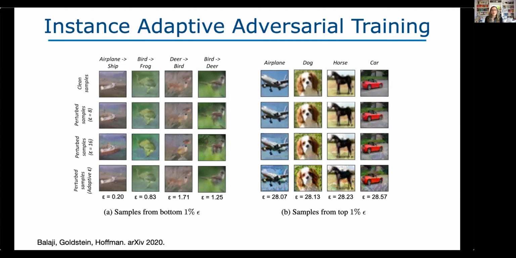So what this tells us is that there are differences in terms of the clean images. Some of them are already naturally more robust than others. And maybe if we take the style of approach where we ask for equivalent robustness on every sample, we're going to be naturally hurting clean performance. We might be creating a scenario where we have an impossible learning solution.